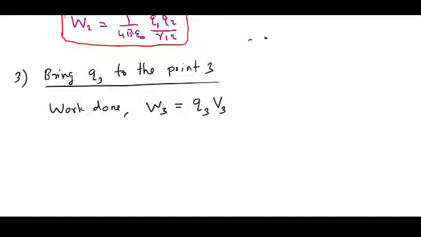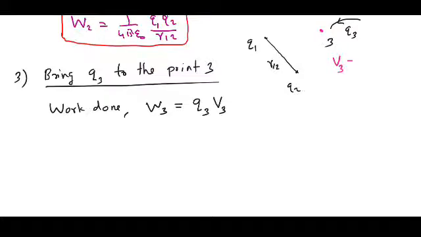Here Q1 is already there, Q2 has also reached. The separation between these two is R12. Now we have the third point, we have to bring the third charge Q3 to this point, and here the situation is not that easy. At the point 3, we need to calculate the potential.